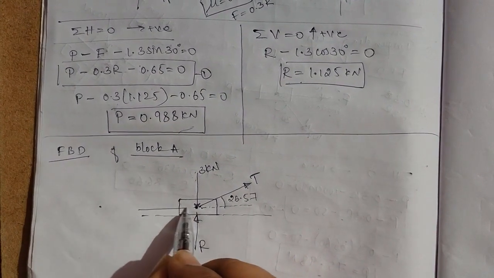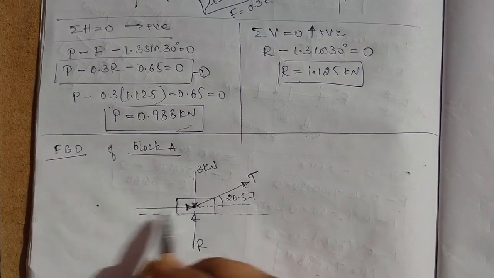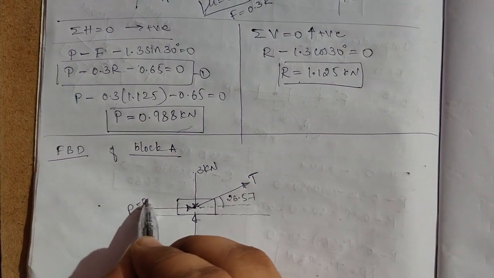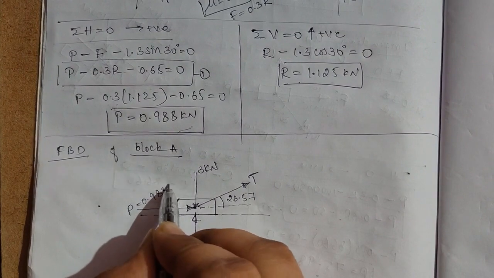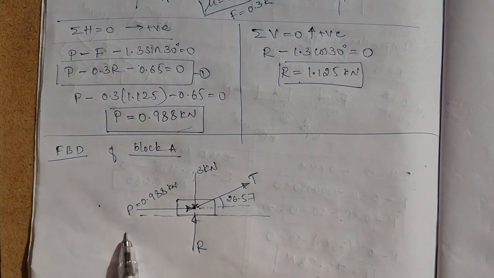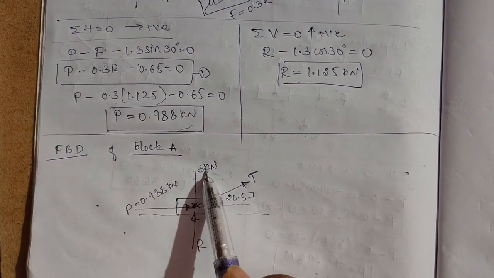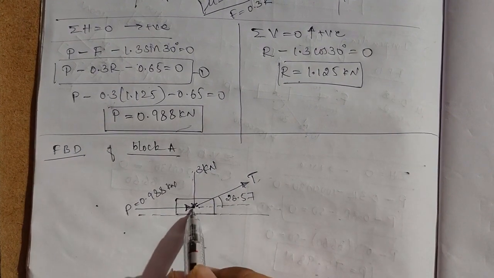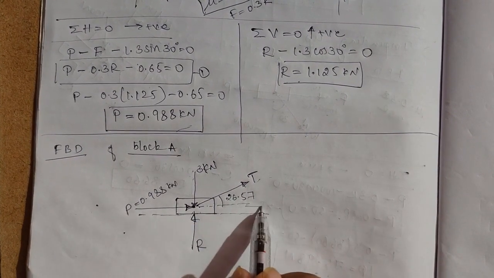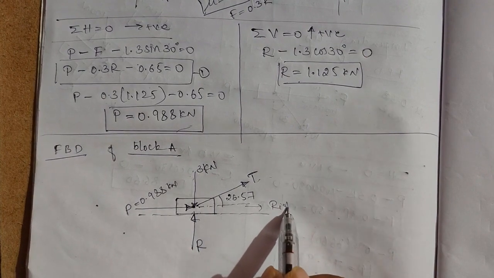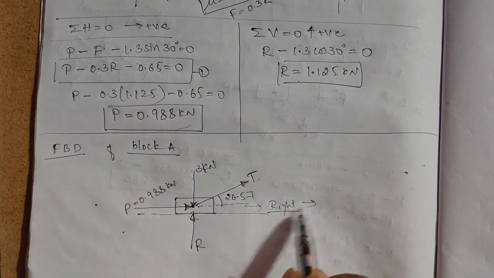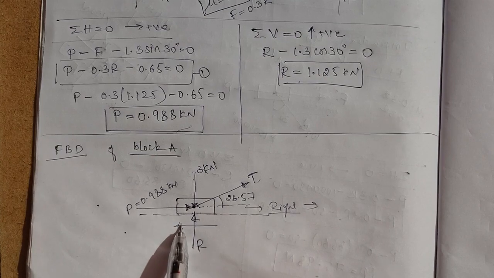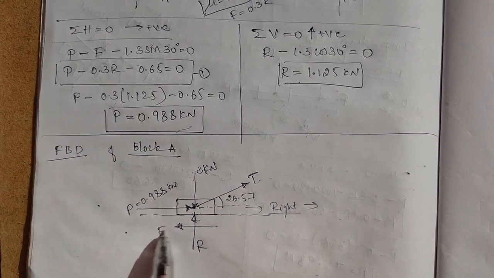Then another value, P, is there, that is equal to 0.988 kilonewton. So P is there, weight 3 kilonewton, T is there, R is there, and if this should move towards the right, so motion is like this, the friction force will be opposite to it, F.